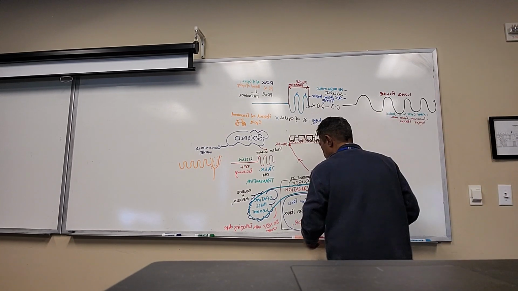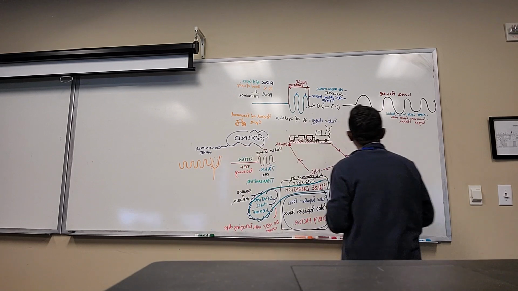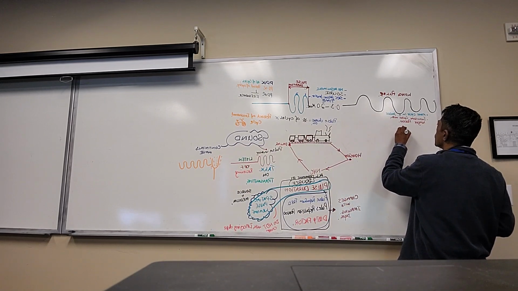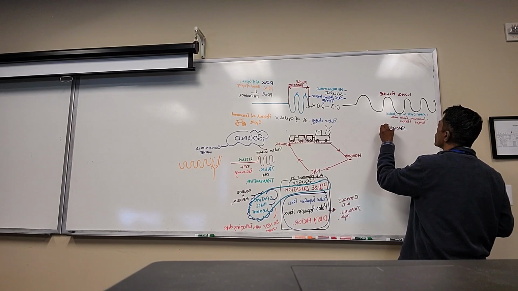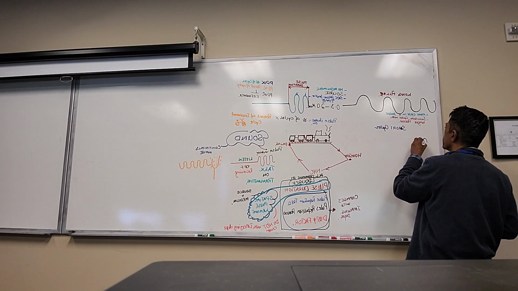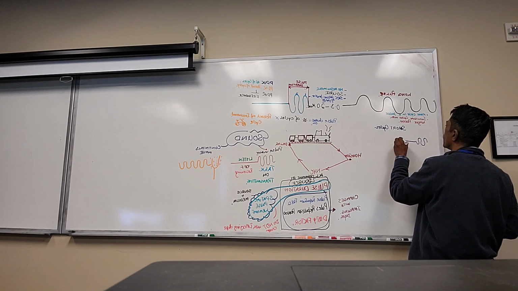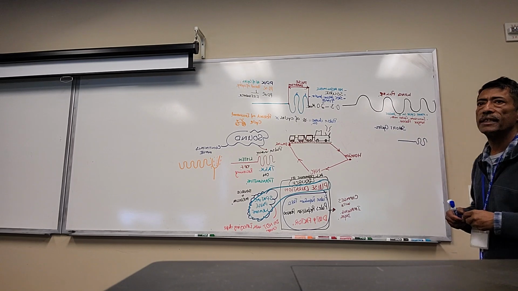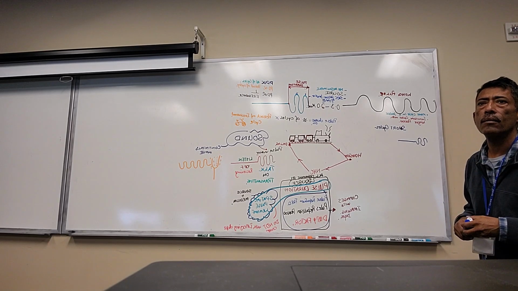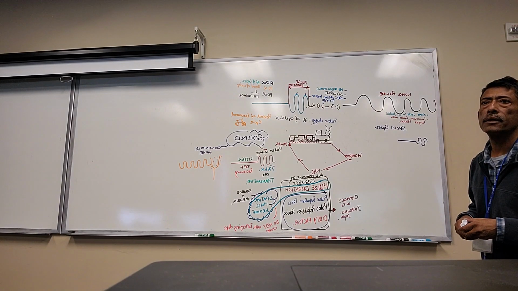Then comes another thing, which is the short pulse. So now we have 1, 2, 3. What makes it short? Look at the number of cycles.